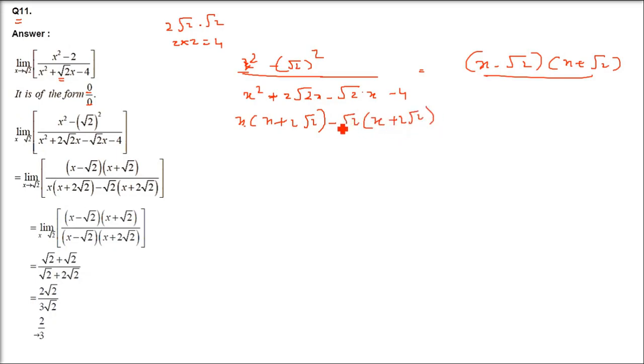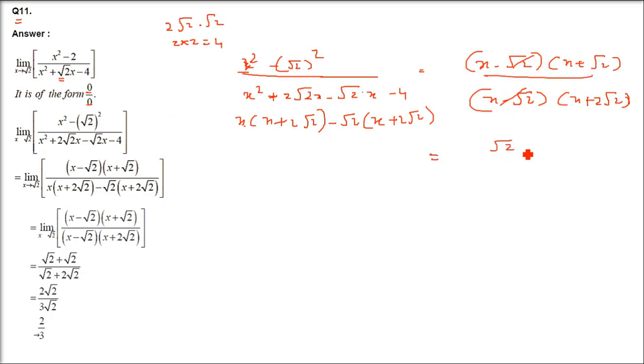So this is x plus 2 root 2 and x minus root 2. And as I said, we know that x minus root 2 should be a factor because it is going to give you 0. So you have x minus root 2 in the numerator and denominator, just cancel it. So you have x plus root 2 and x plus 2 root 2 in the numerator and denominator.